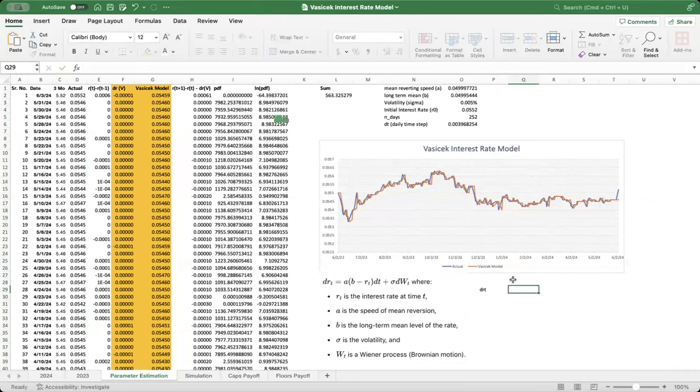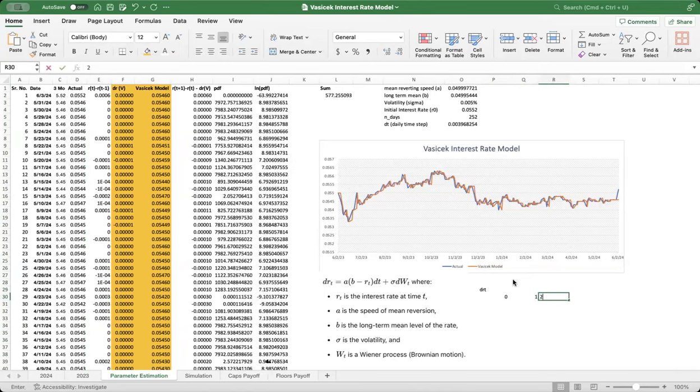Now, what is this dRt? dRt is nothing but the change in interest rate. So let's say 0, 1, 2 are 3 different days, and we have R1, R2. dR is nothing but the difference between R1 and R2, so it's the change in interest rate.